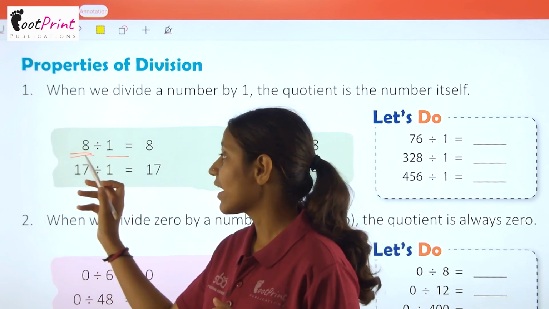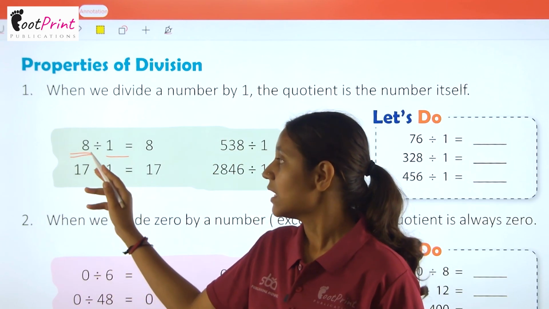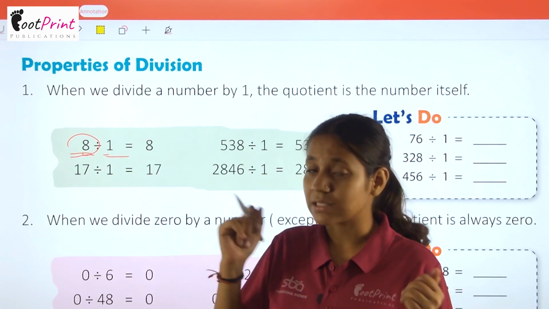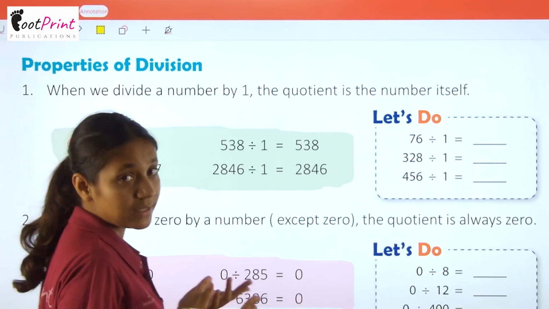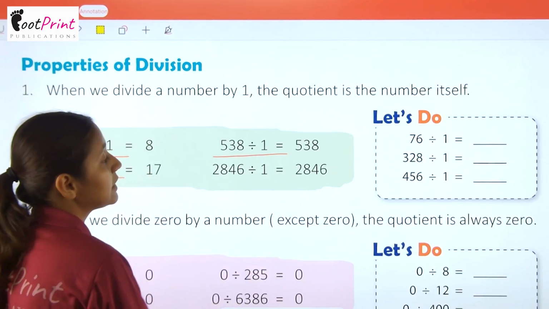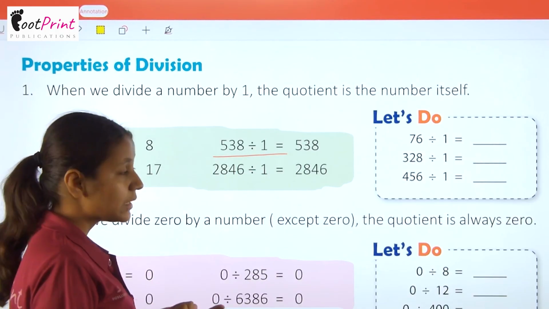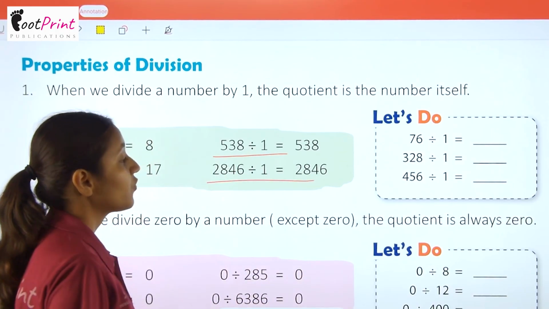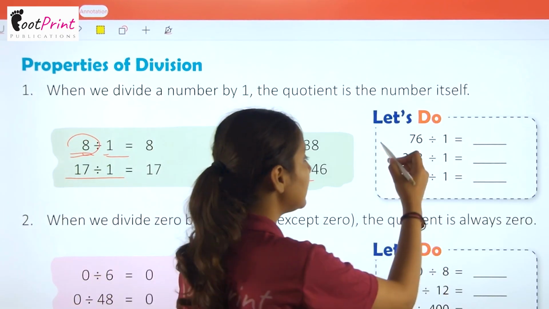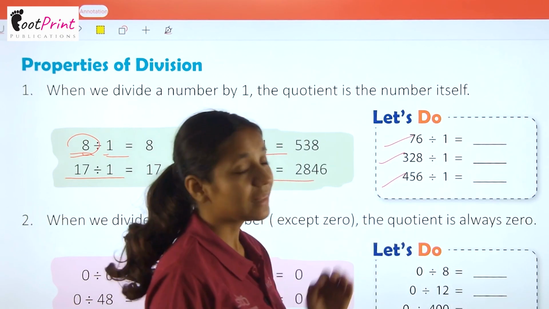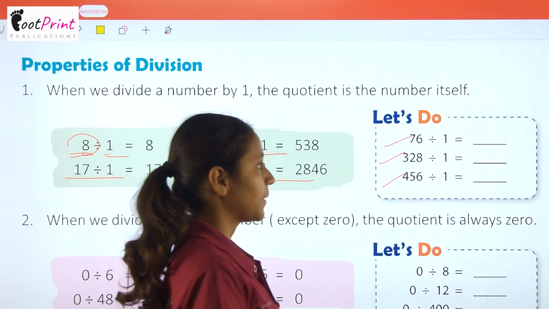Dividend divided by divisor, that is 8 divided by 1 is the number itself. Similarly, 17 divided by 1 is 17, 538 divided by 1 is 538, and 2846 divided by 1 is the number itself. Similarly, the rest of the part of this let's do activity you have to do by yourself.